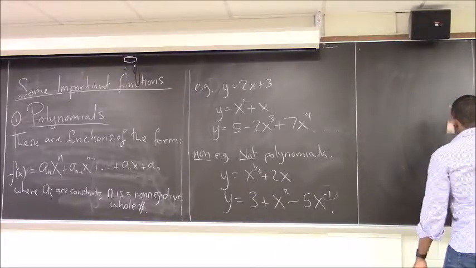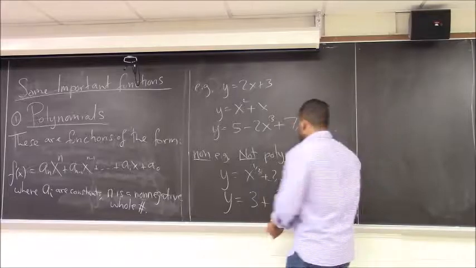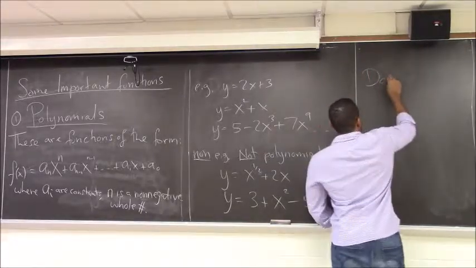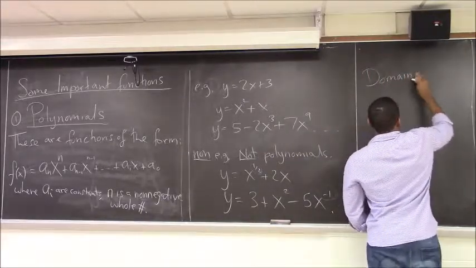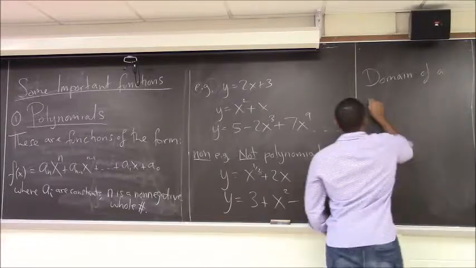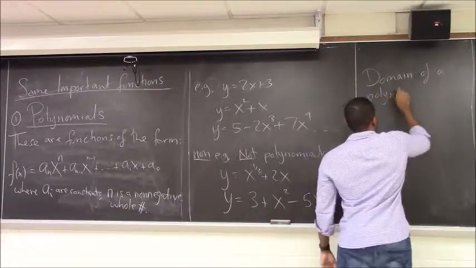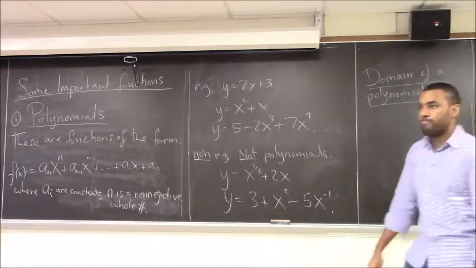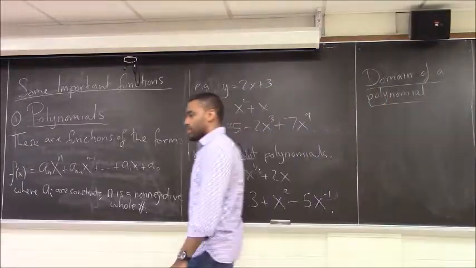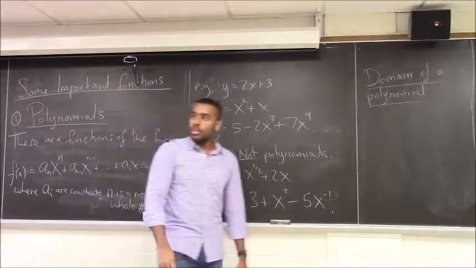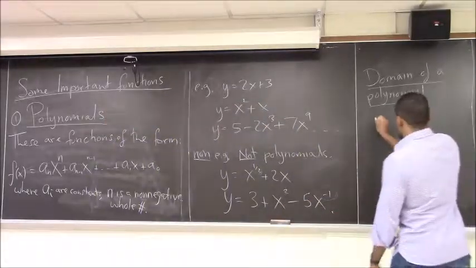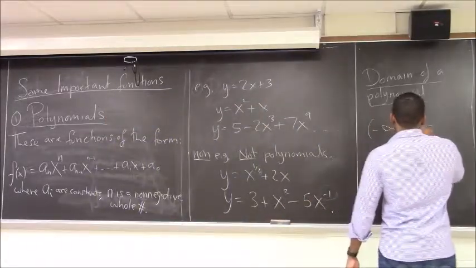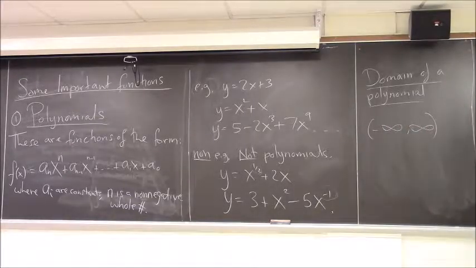Now it turns out we know what the domains of polynomials are. What's the domain of a polynomial? Give you a random polynomial, I don't give a restriction, what is its domain? All real numbers. I can literally plug in anything and it will work in a polynomial.